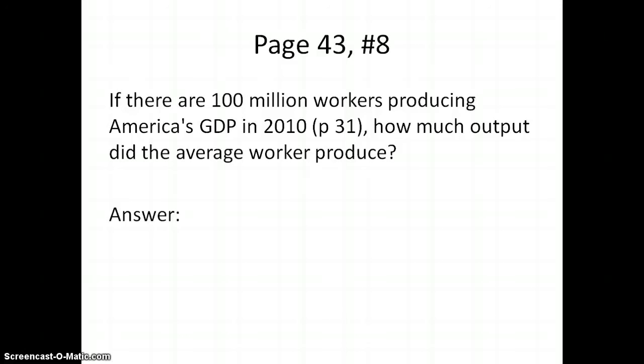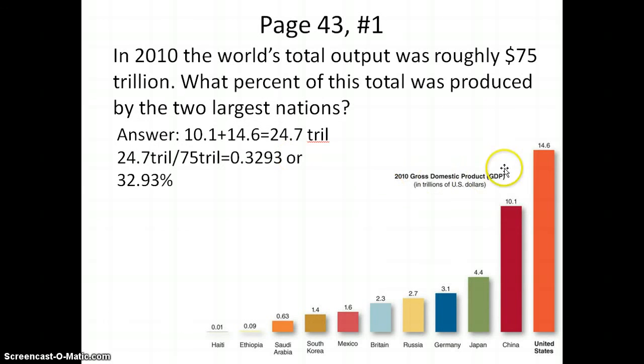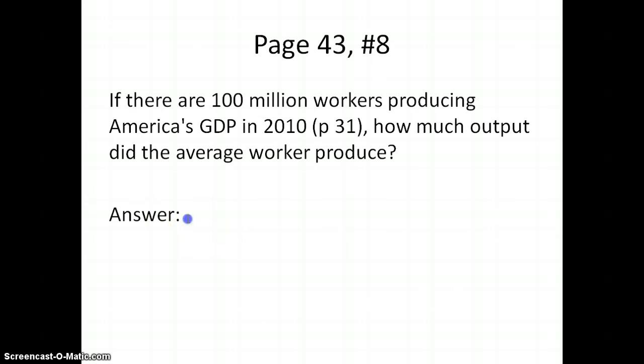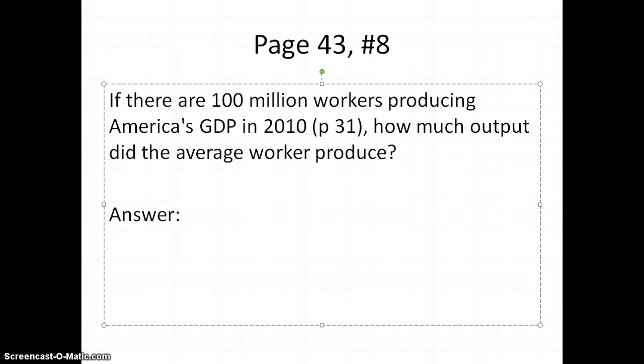So it wants me to go back up to the picture here and figure out how much GDP there was. So there's a total of $14.6 trillion. Okay. So we want to take that 14.6 trillion and divide it up among 100 million workers.